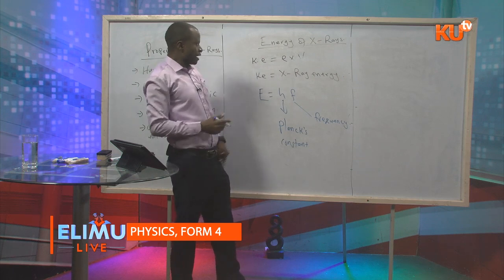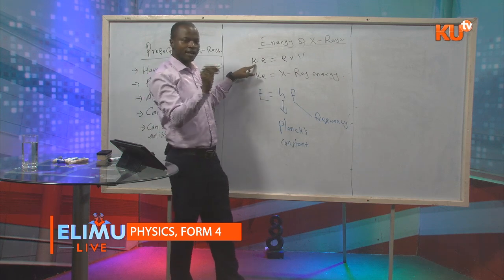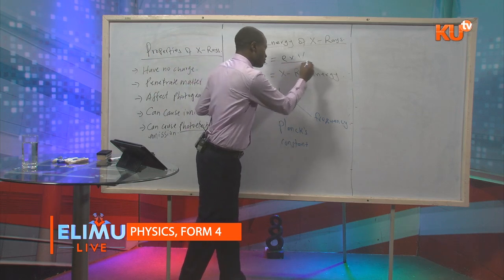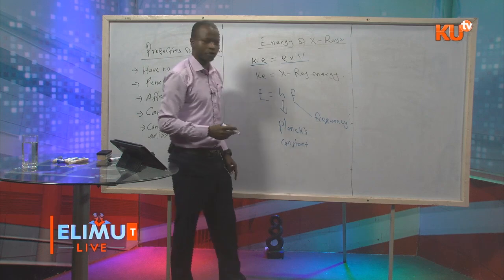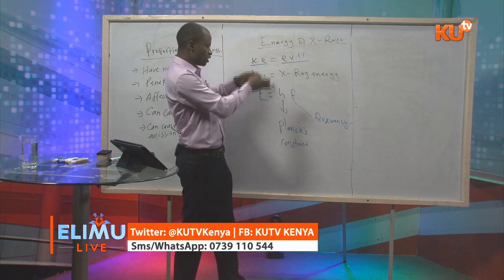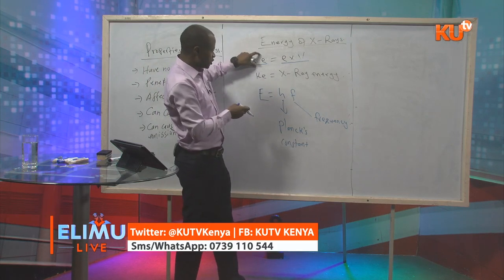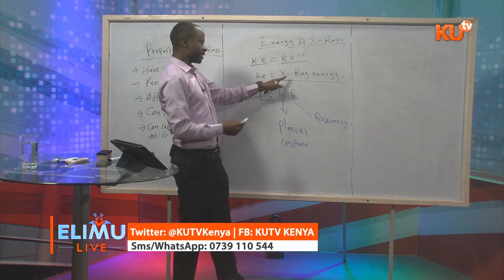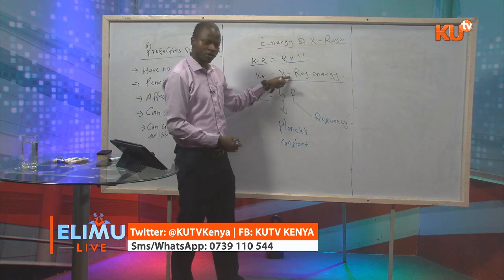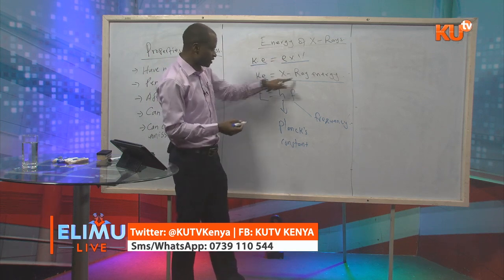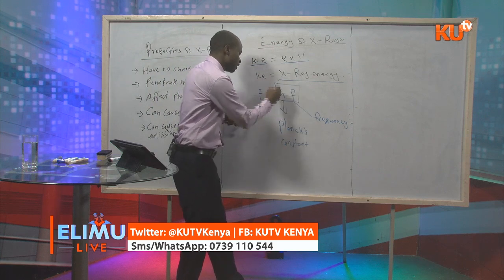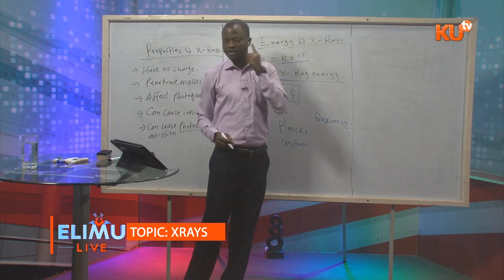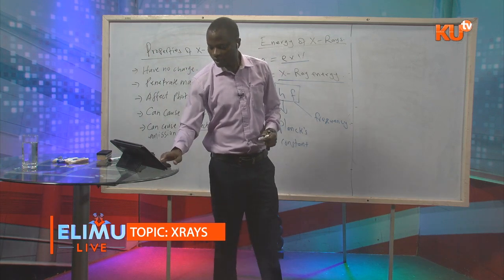Therefore, I want you to get it clear. We are saying an electron will have kinetic energy, which is equivalent to what? eV, the electron charge times the accelerating potential. And when most of its energy is used to produce X-rays, then we shall have X-ray energy. And X-rays are wave in nature, so they are radiations. So their energy is given by hf, where h is Planck's constant and f is what? The frequency of radiation.